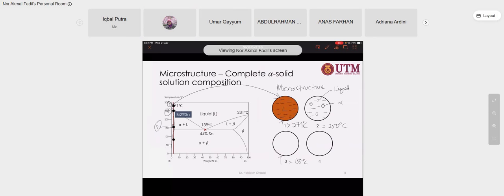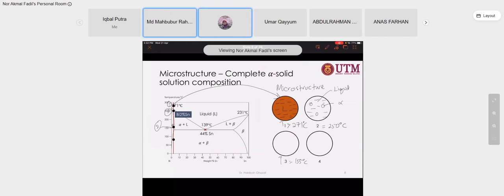That's alpha, just alpha. So of course, it is only one phase, alpha. There is no more liquid. What is alpha? Alpha is a solid solution. It is solid. So how to draw it? It is like this.